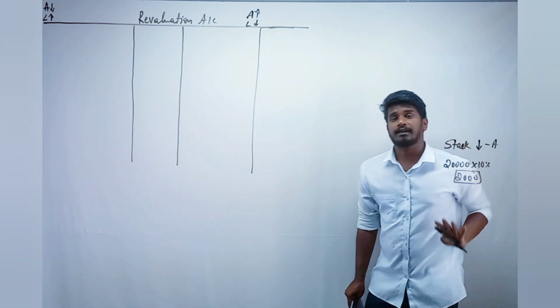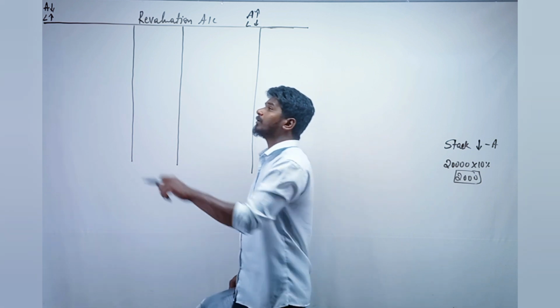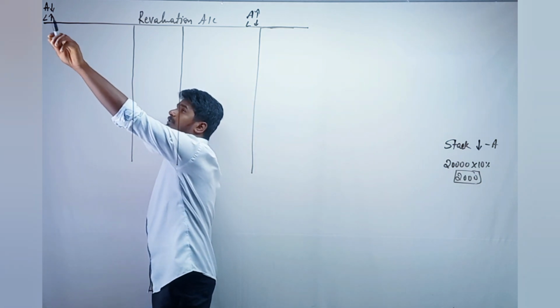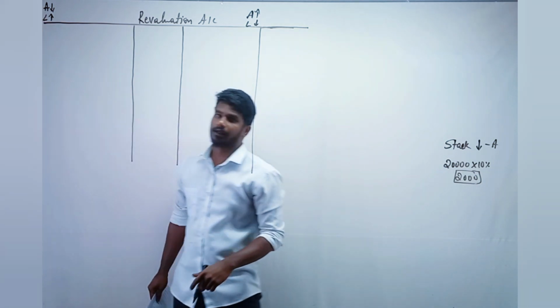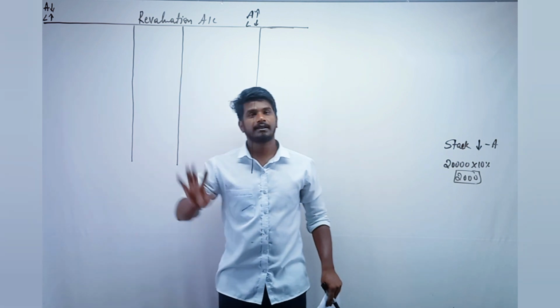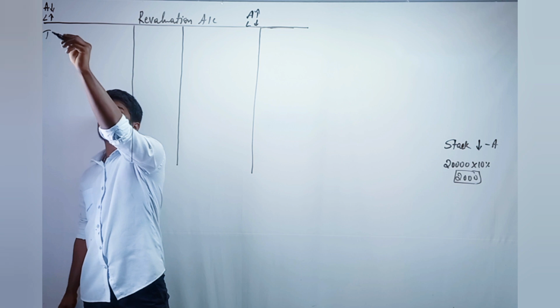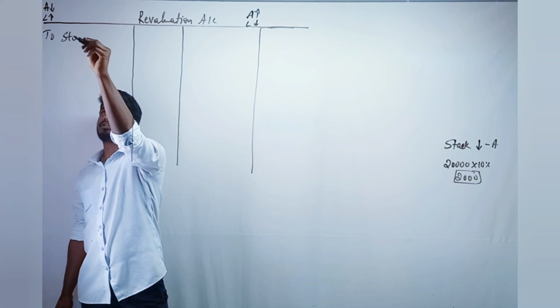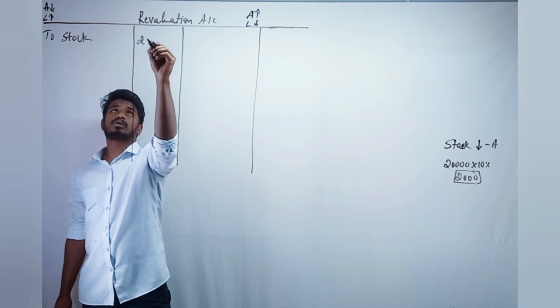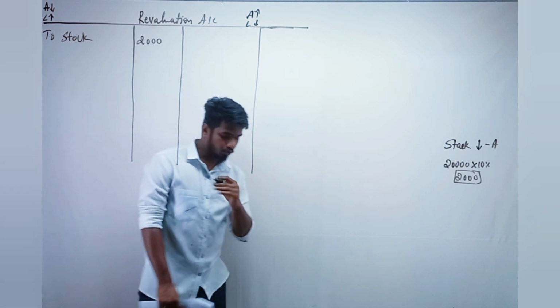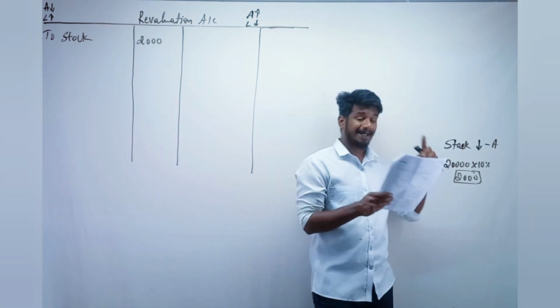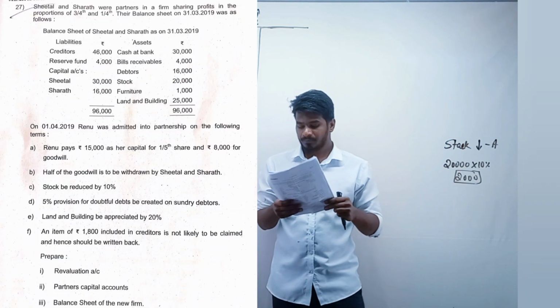If assets reduce, where will we record it? We will record it on the debit side, because we have written it, right? If an asset decreases we will debit it, by 2,000 to stock.